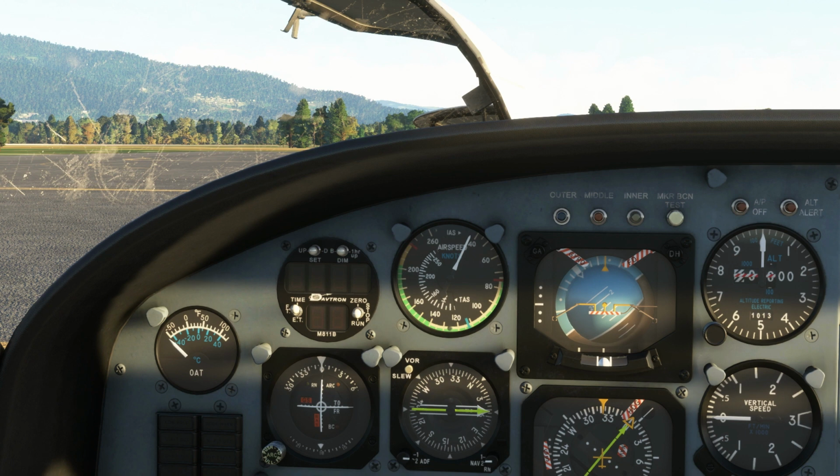So you go for 26, and at the OCA, the obstacle clearance altitude, you just do an offset to the left of the runway and come to 08. However, we may not have to do that.